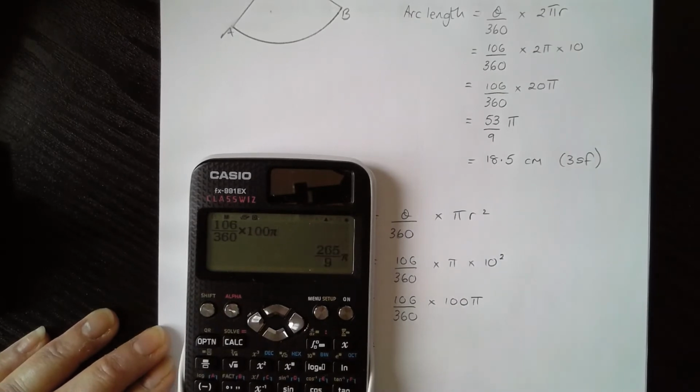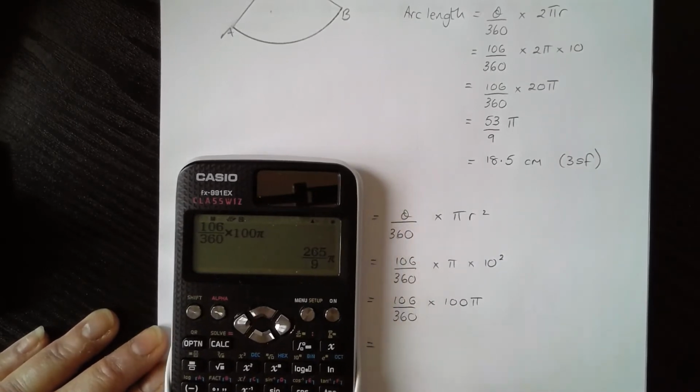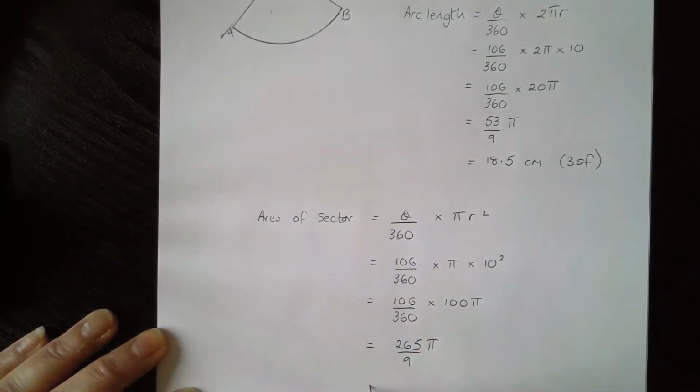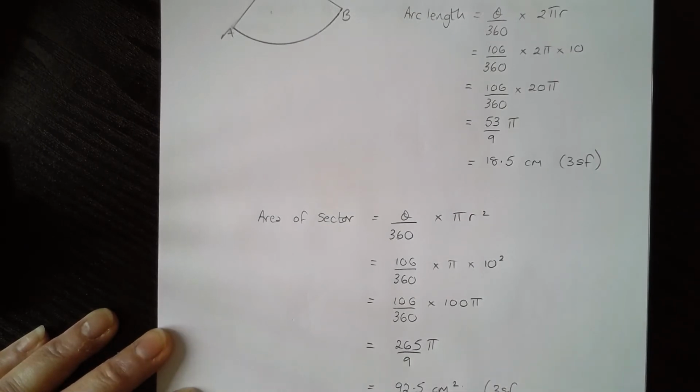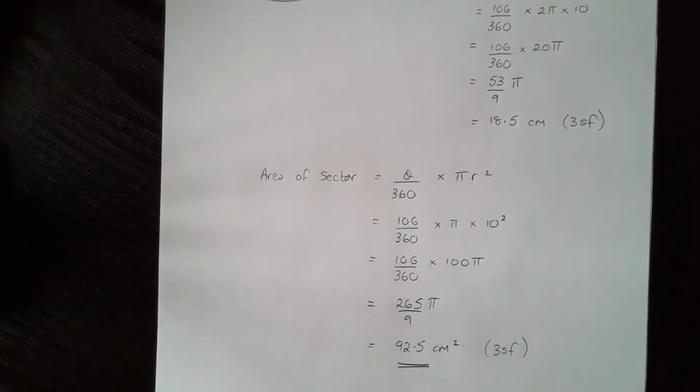And get the exact value answer, 265 over 9 times by pi, and then our decimal answer, 92.5 square centimetres, and again that's 3 significant figures. So that's the end of example 1.